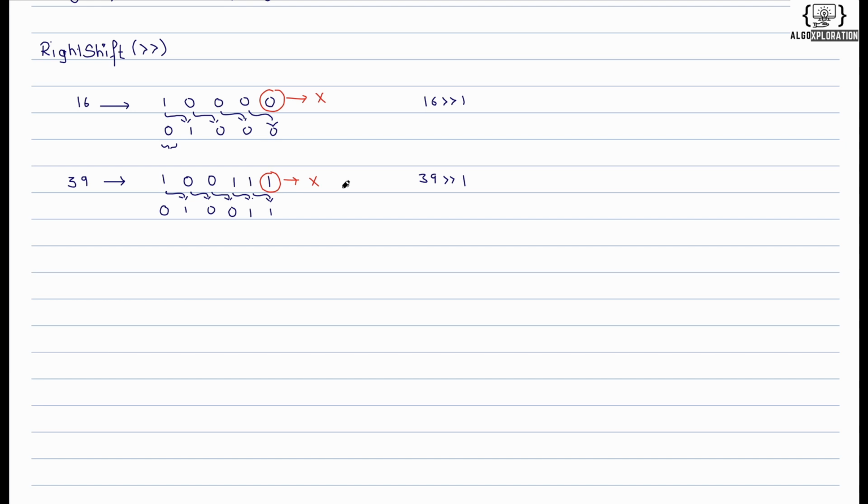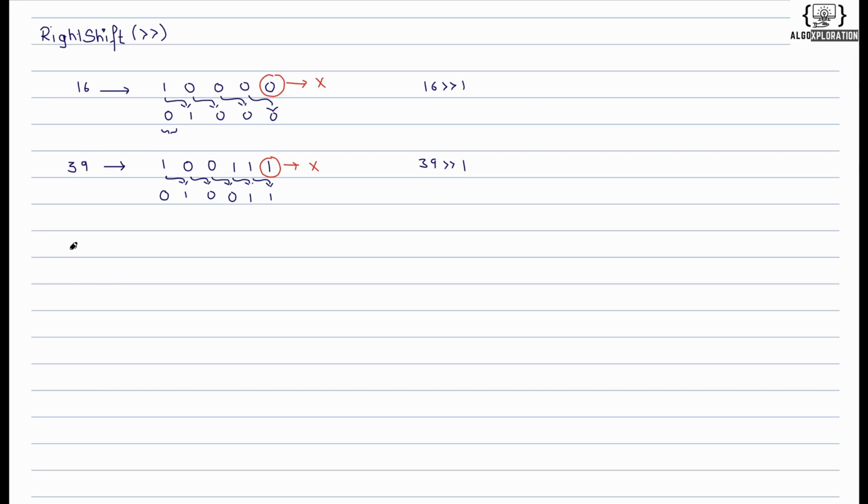Now let's see one thing. If I have the value 32, the binary representation of 32 is 1 0 0 0 0 0. This place represents 2 raised to 0, this place 2 raised to 1, this place 2 raised to 2, this place 2 raised to 3, 2 raised to 4, and 2 raised to 5.